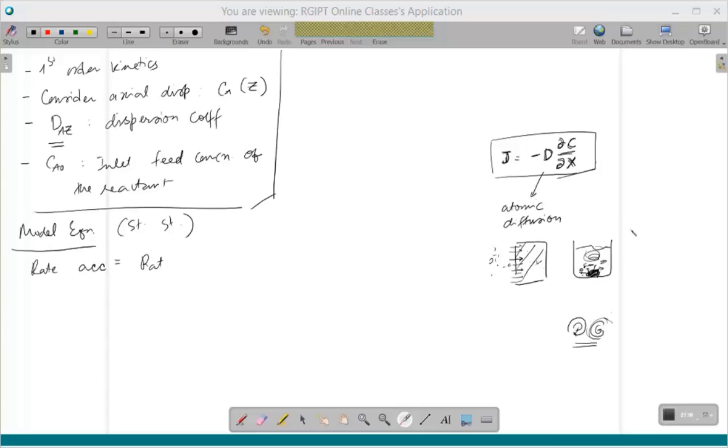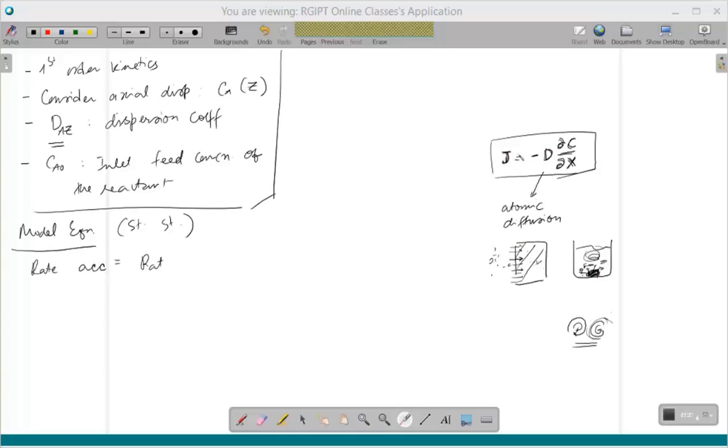But overall it can be captured by this equation. Both appear to be diffusive phenomena, or diffusion, and they both can be captured by the single equation, except for the D value, since the mechanisms are different, so D will be different.